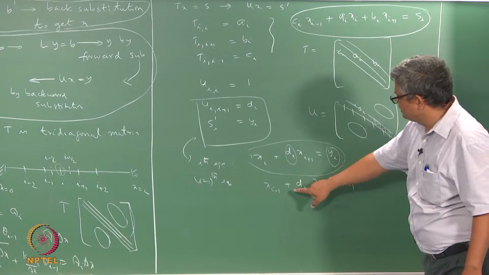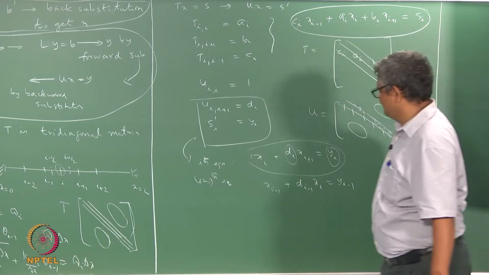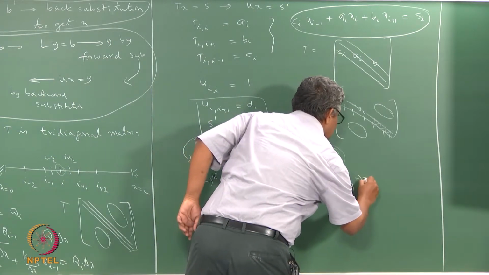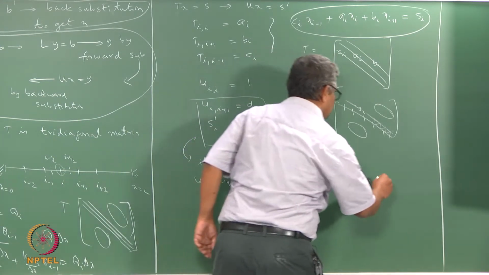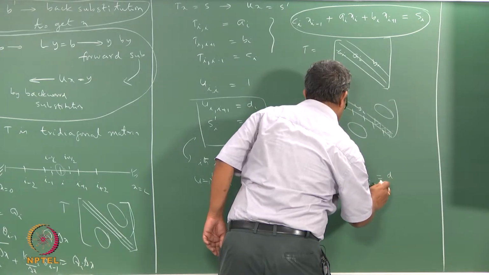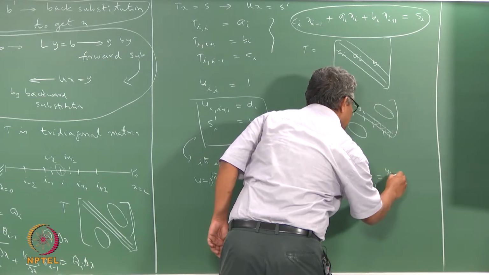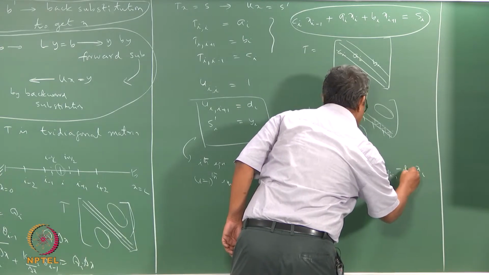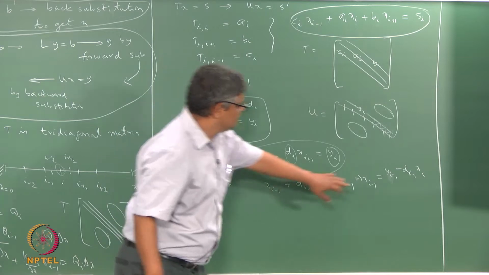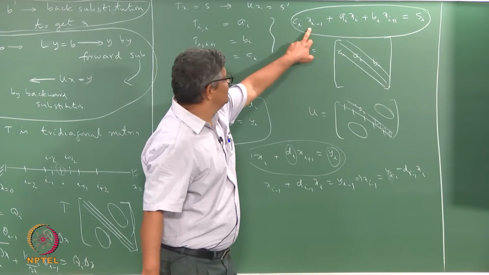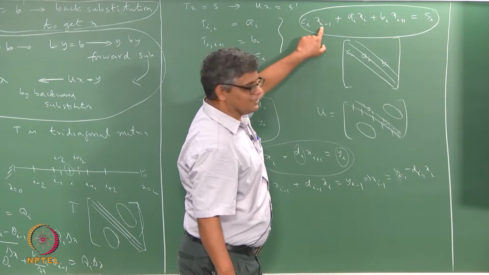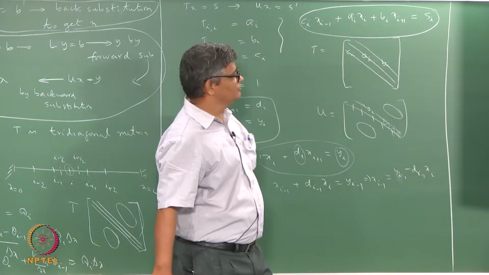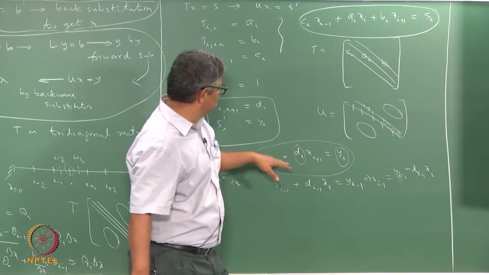So we make use of this expression here. We can say from here this xi minus 1 is yi minus 1 minus di minus 1 xi. We substitute this here and get rid of this xi minus 1, so that we have an equation involving xi and xi plus 1, and that equation is similar to this form.